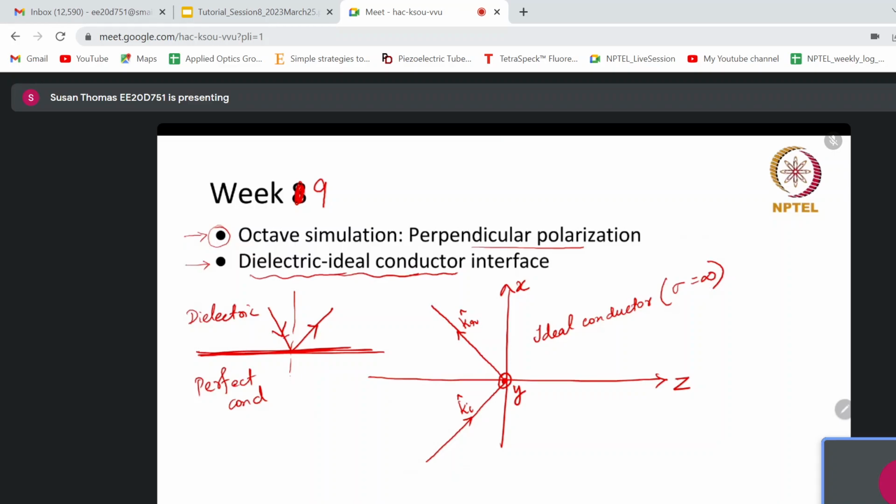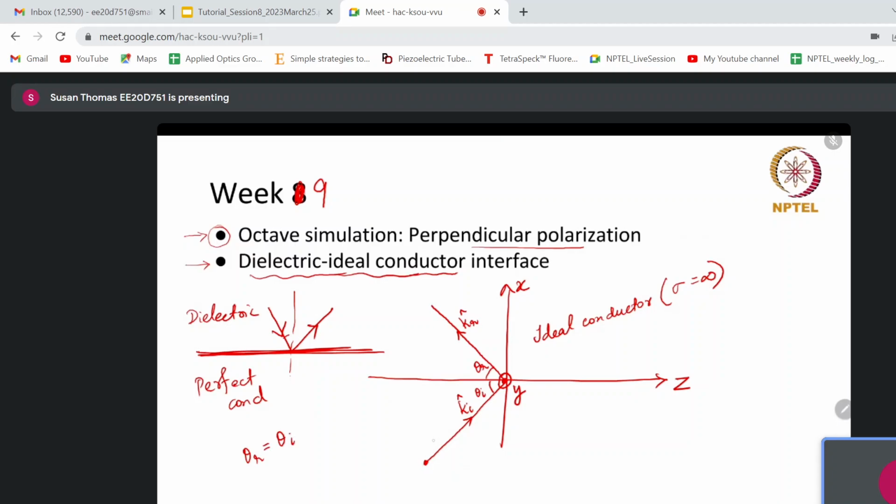Okay, now let's have a look at the angles once. So this is theta i and this is theta r, where theta i and theta r are the same.